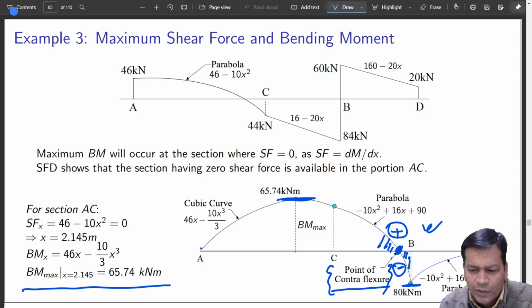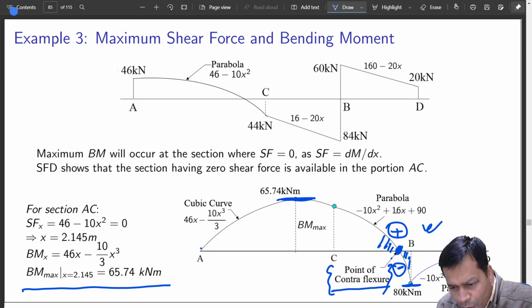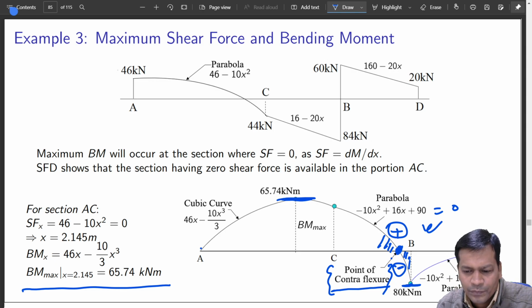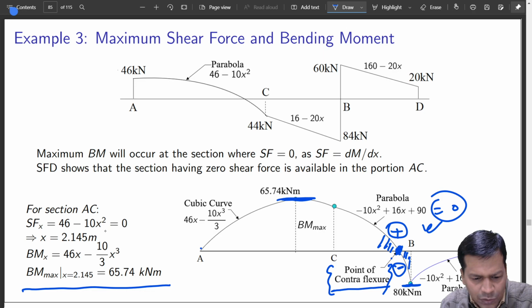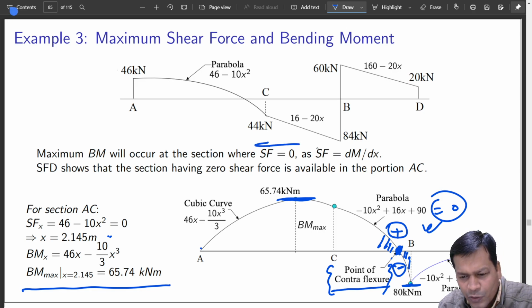In order to find it, you just equate this equation to 0, and wherever you see 0, you substitute it and you will get that value. I got something around 2.14, this AC. This was the maximum, using the maxima and minima theorem.